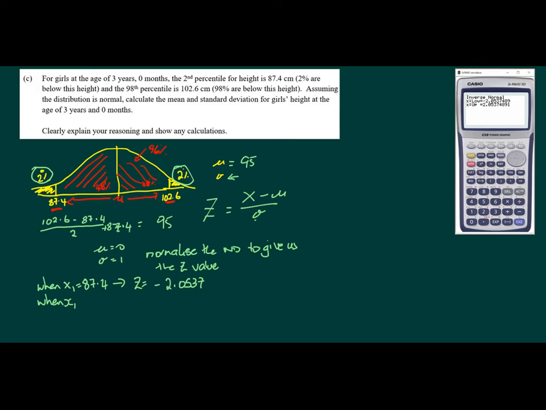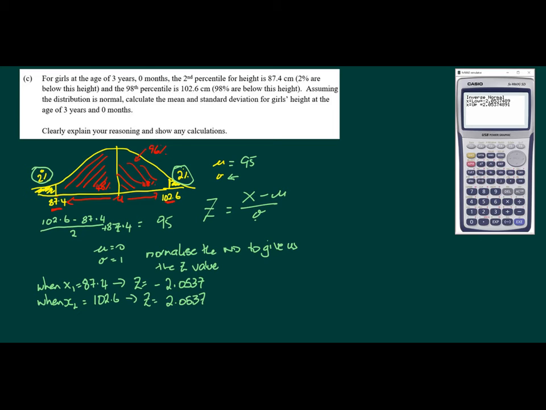When x2, which is equal to 102.6, therefore Z equals 2.0537. These two are basically the same, apart from one being positive and one negative, because they are symmetrical: one is the bottom 2%, one is the top 2%. You don't need to write all that down, but you just need to be aware of that.